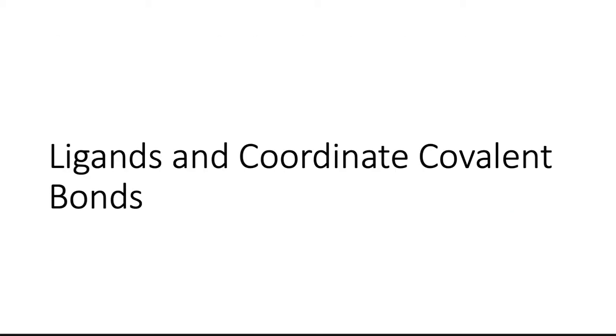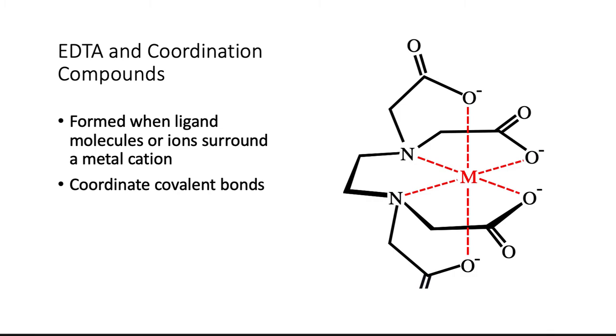One of the things that's related to this experiment is the idea of coordinate covalent bonds and ligands. And EDTA is a chelating ligand. This is the molecule EDTA here drawn with a line bond form. So each corner here is a carbon atom and it's saturated with hydrogens if they're not shown.